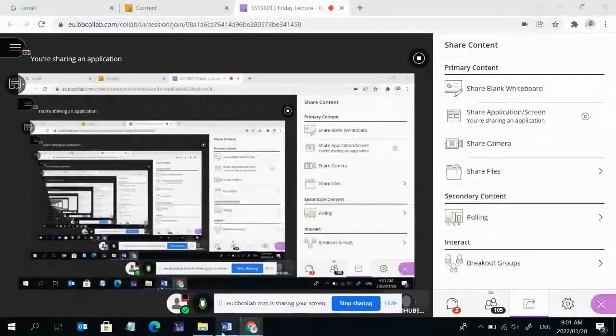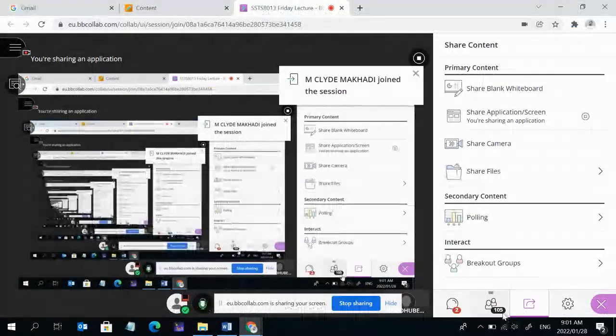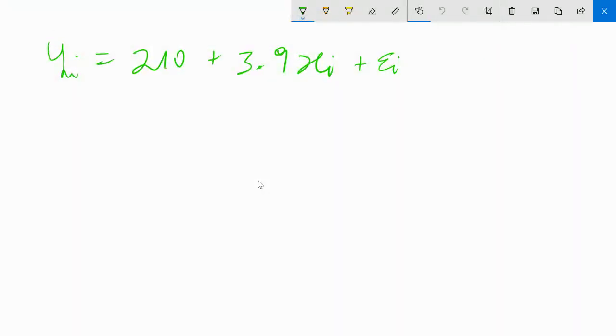Let me just check those x values quickly. So it's 10, 20, and 40. I want to believe that you can see the whiteboard.